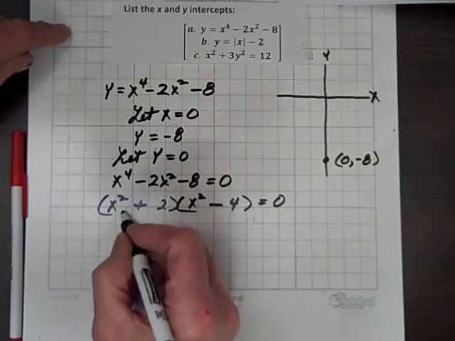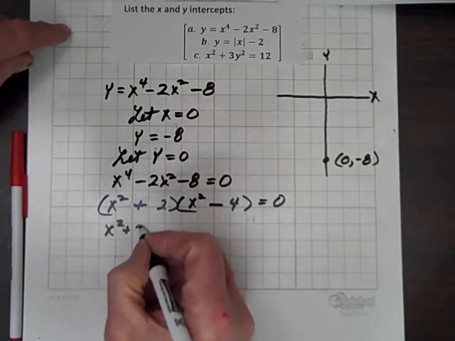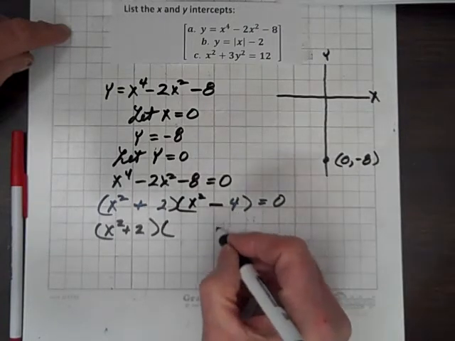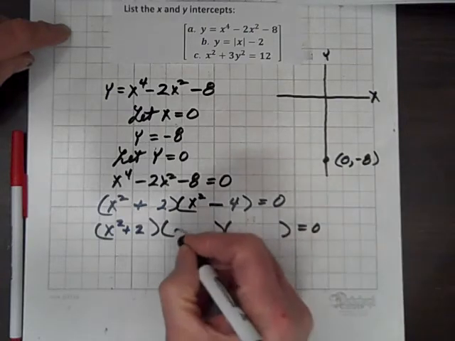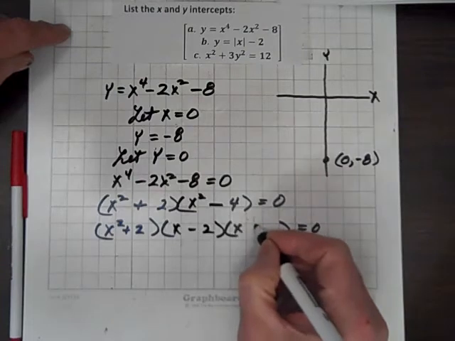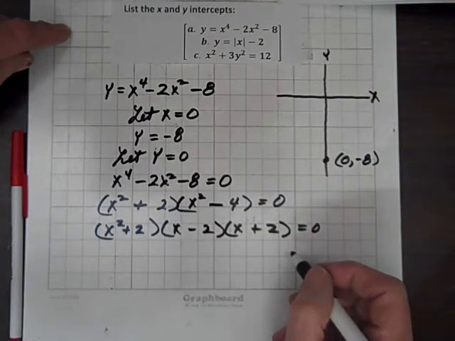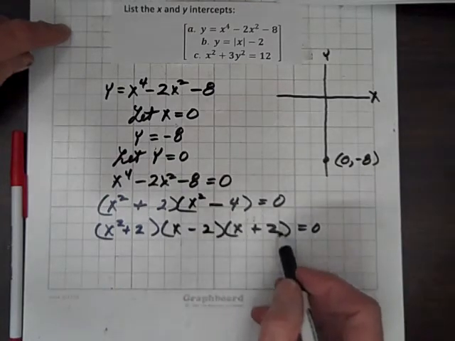Now, this factor does not factor, x squared plus 2. But this factor is the difference of two squares, and that does factor, and we get x minus 2 and x plus 2. Now, our next task is to find the zeros of each of these factors.